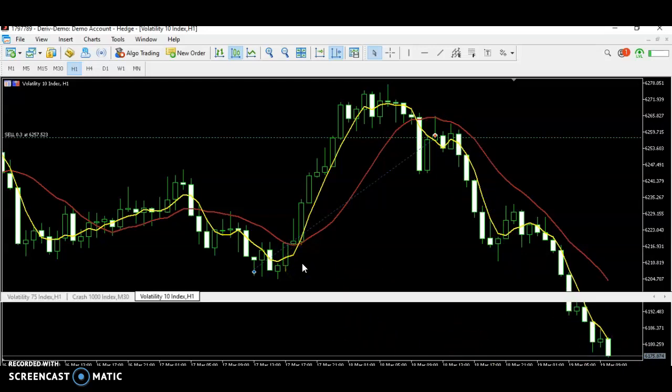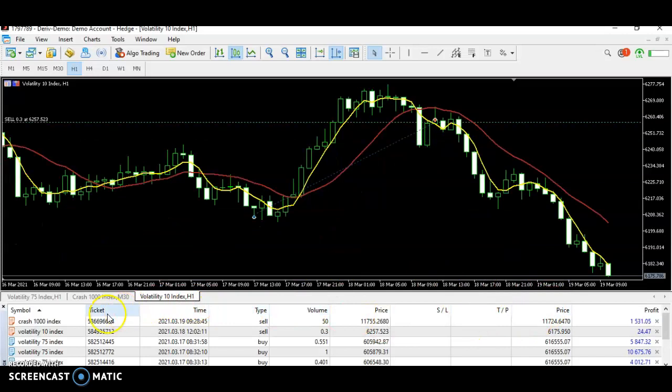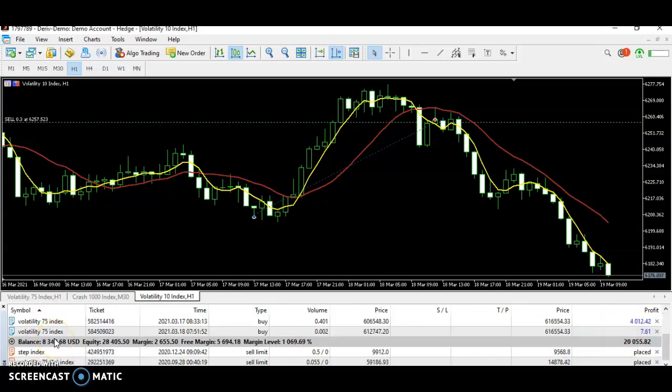So that's when you see I'm making profit on the same volatility 10 in that position. Very simple as that. So if you want to understand how it works, you have to follow up and know how to trade on it.